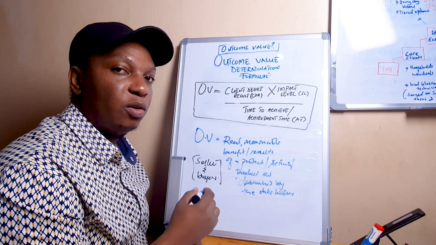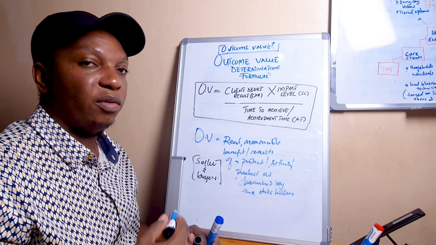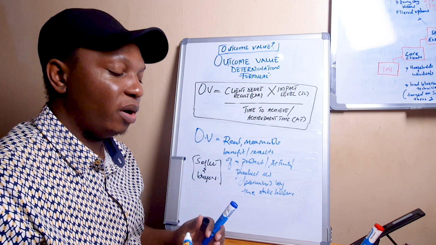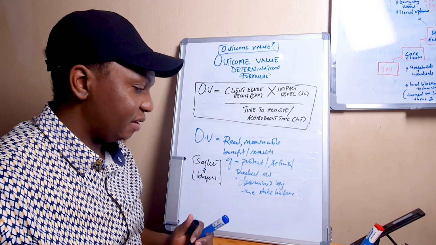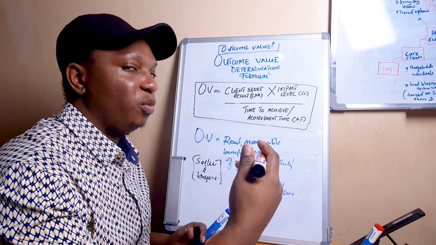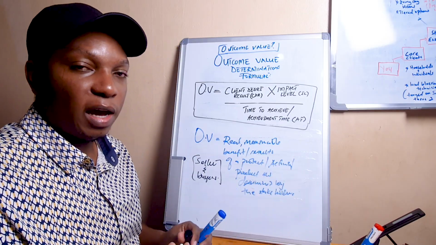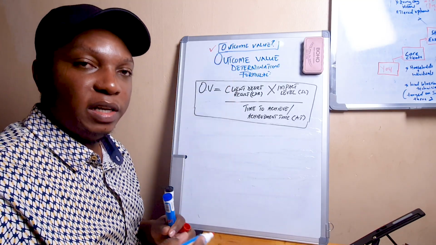These are the only stakeholders in business. Sellers are the people who are selling their services, projects, and products. And buyers are the people who are buying all those done projects, finished goods, and to-be-done services or products, all right? So the outcome value definition is now done.